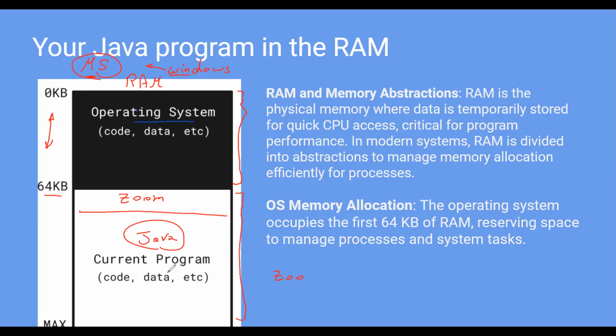But it will be given some amount of space, and if it needs more, the operating system will give more space to it. So every time you try to open a program, it will take a space from your RAM. Okay, now, did I manage to make myself clear? Can you tell me what you understood?